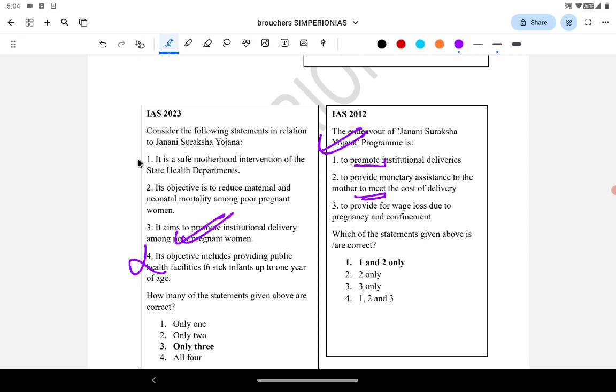It's a safe motherhood intervention by the state health department, and its objective is to reduce maternal and infant mortality. You can see here it gives monetary assistance to the mother to meet the cost of delivery. It helps the mother. If you explore Janani Suraksha Yojana a little, you can solve it. And one or two options out of 4 are directly repeated from the PYQ as well: institutional delivery, and it helps the mother and newborn of poor families.